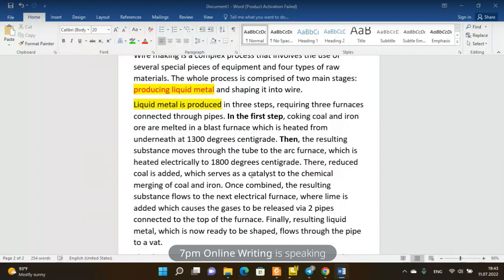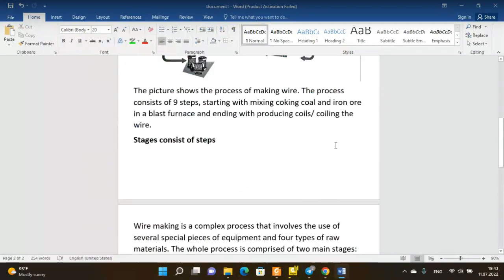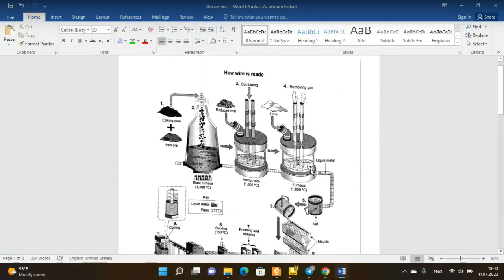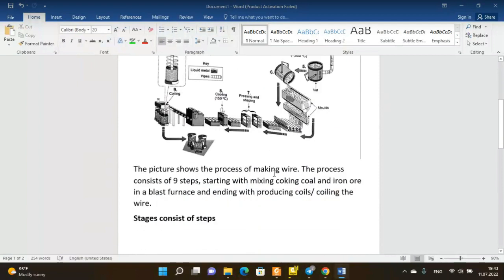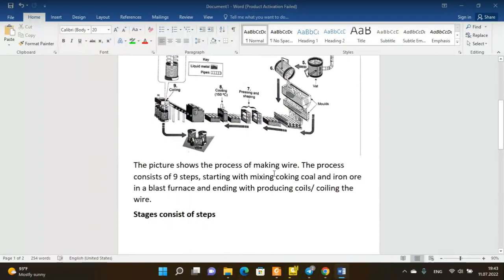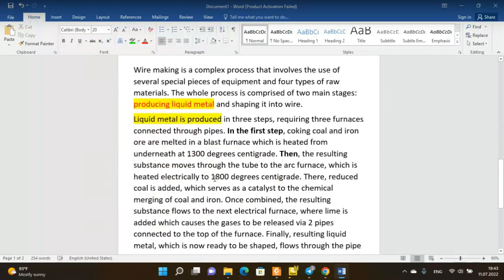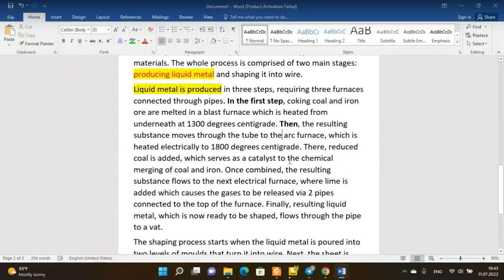So this also shows that I understand. You're combining these things, and you're adding reduced coal. That logically means that reduced coal helps to combine, right? So that's what I'm referring to here: the chemical merging of coal and iron.